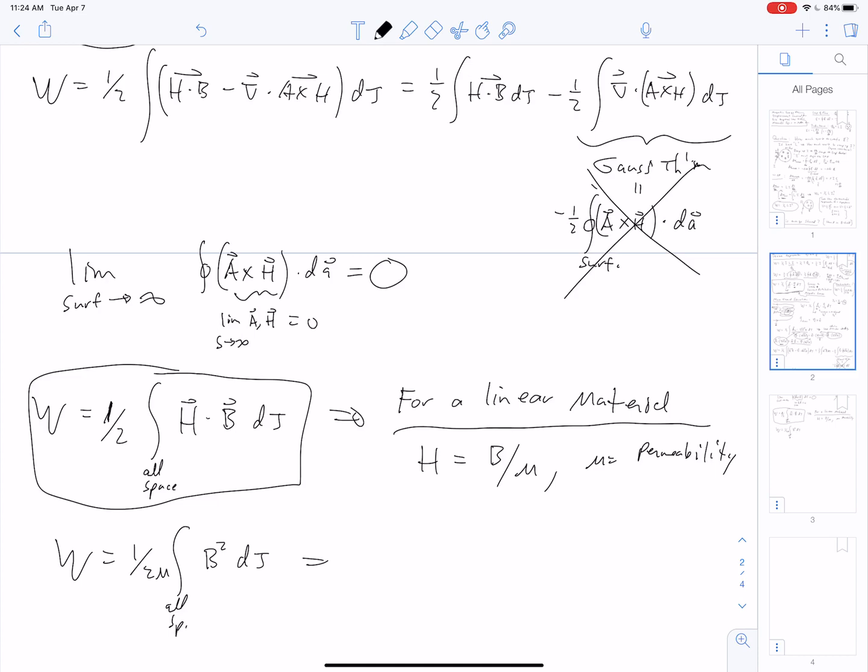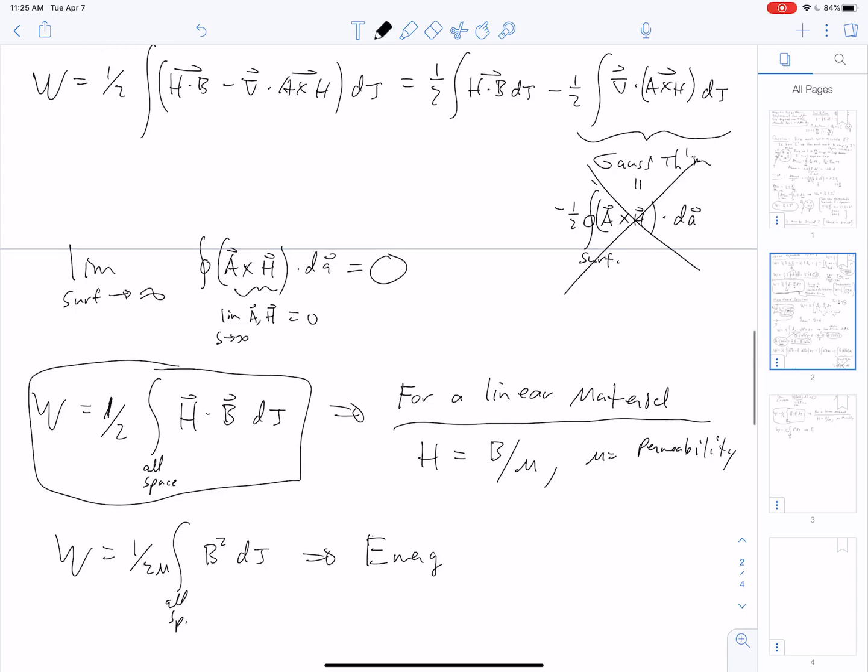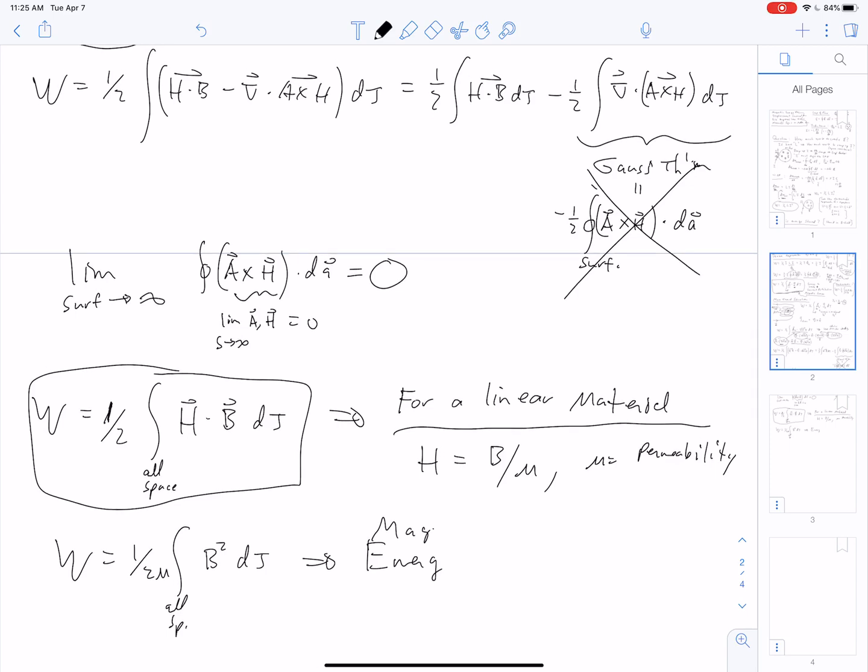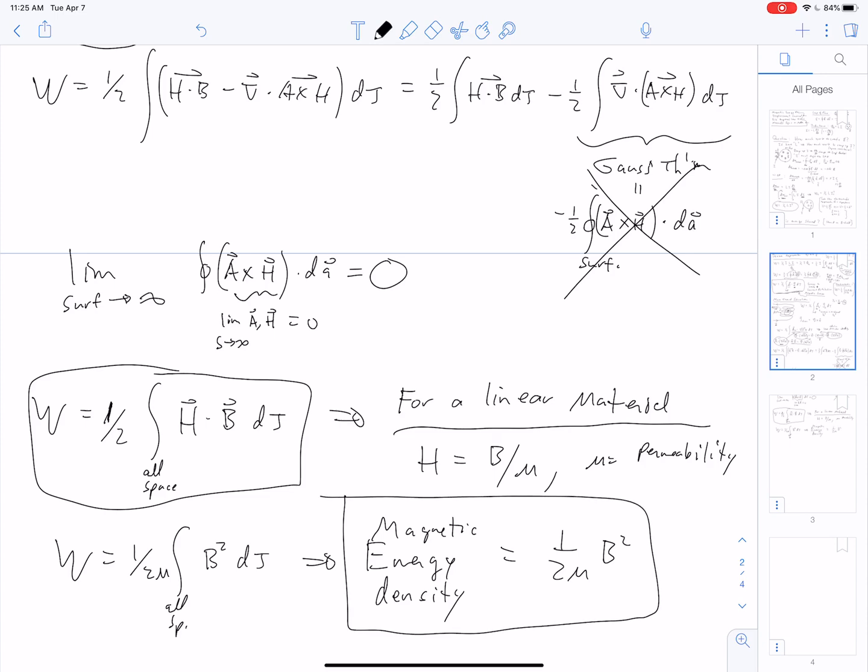And so what that tells us then is that there's an energy density in space, and the magnetic energy density is equal to 1 over 2 mu B squared. And that's a very important result. That's the magnetic energy density.